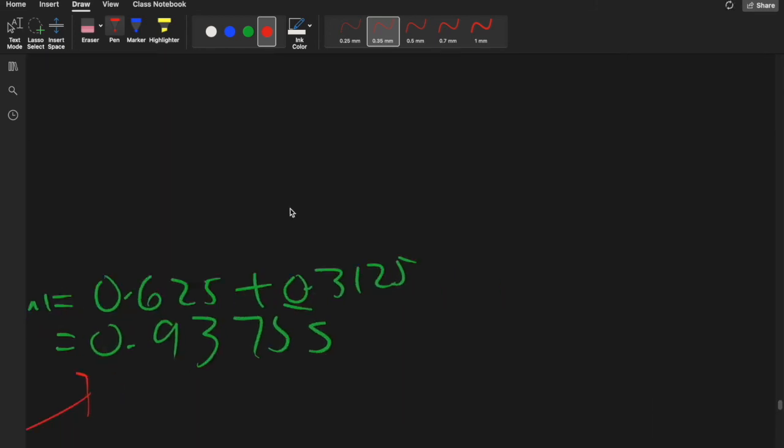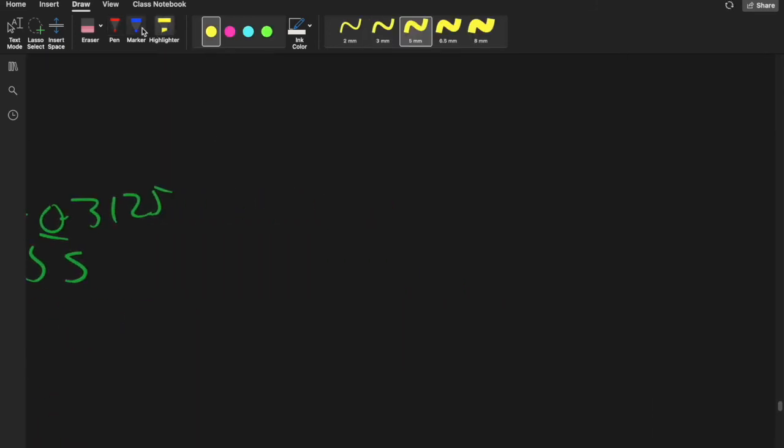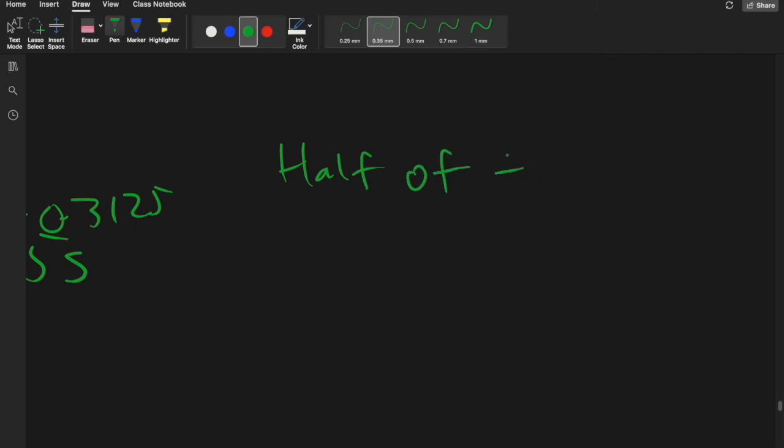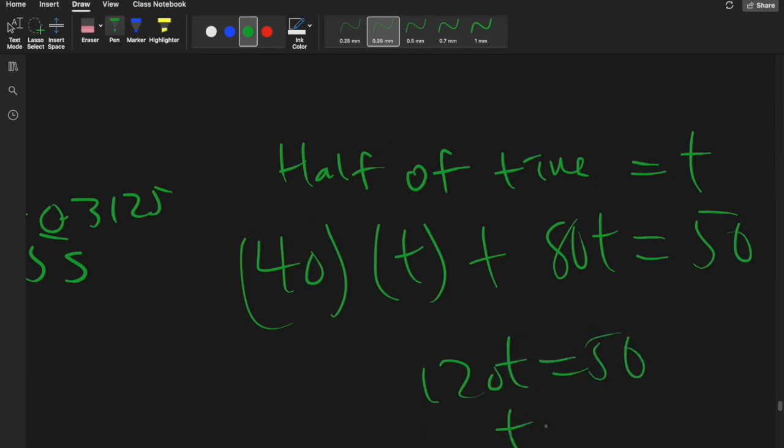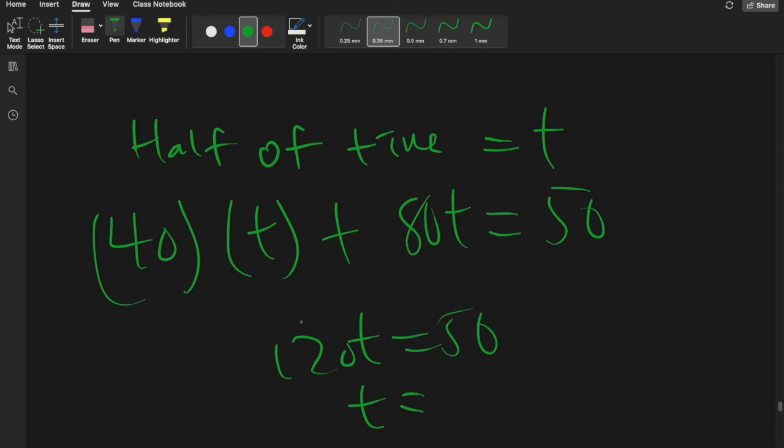Yeah. Just a reminder, if you assume the total time, if you assume half of the time for the second car, I mean for half of the time is equal to t, then your equation will become 14t plus 18t is equal to 15, and then 32t is equal to 15, and then t will become 0.4167.